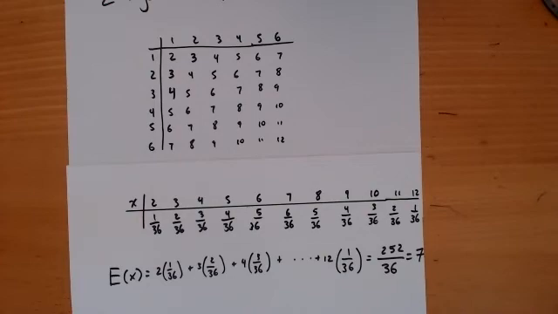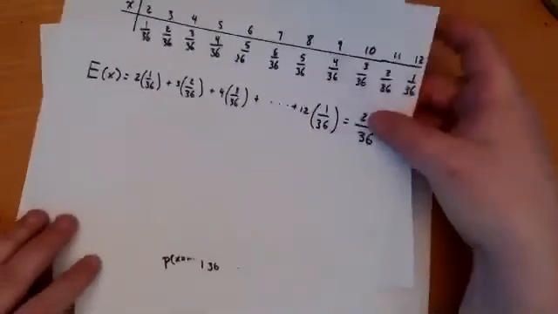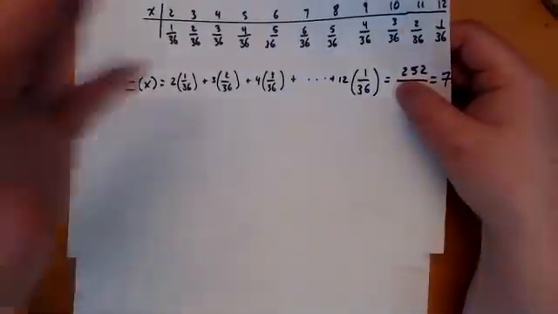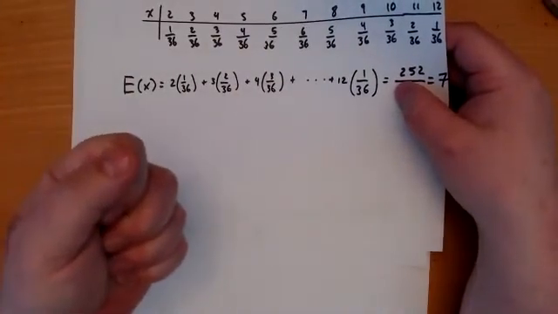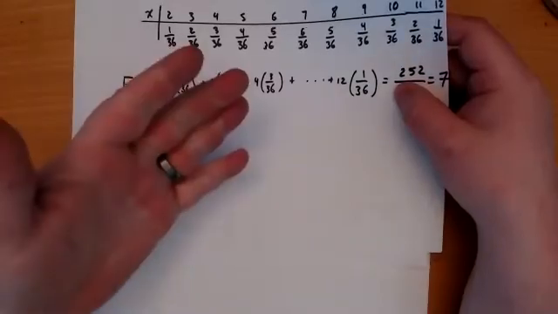Let me ask you this question. Let's say there was a game and the player has to pay $8 to get the dice, and he wins $1 for every point on the dice total.